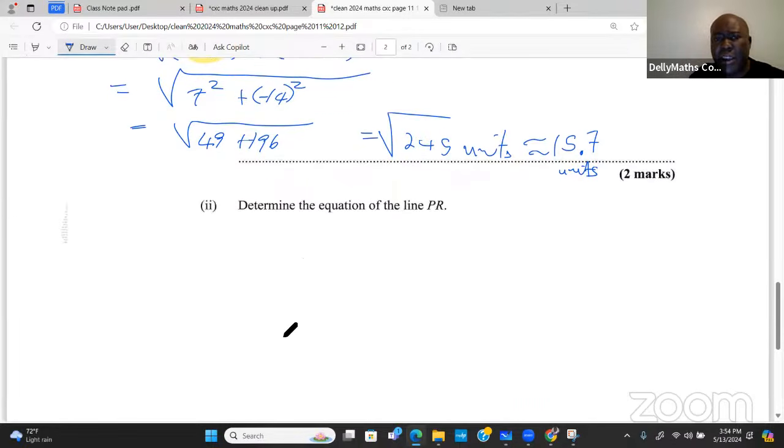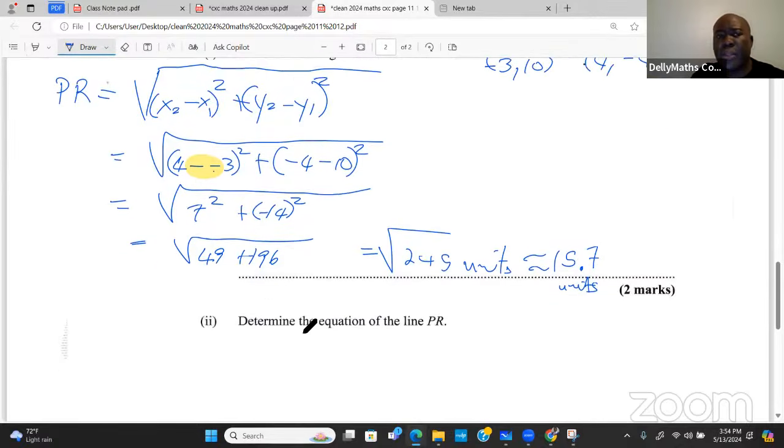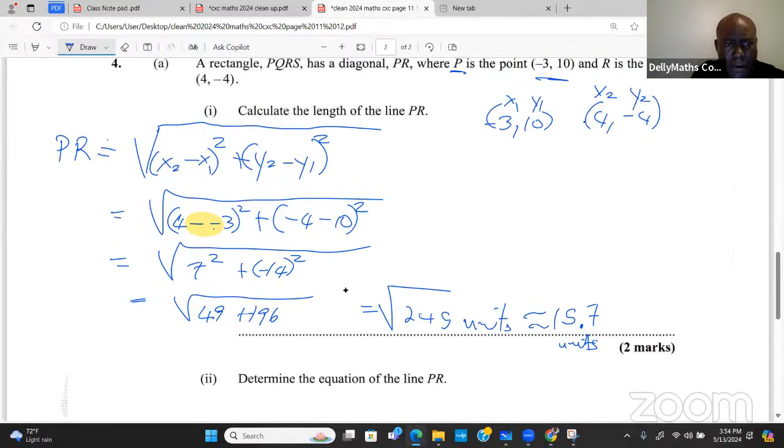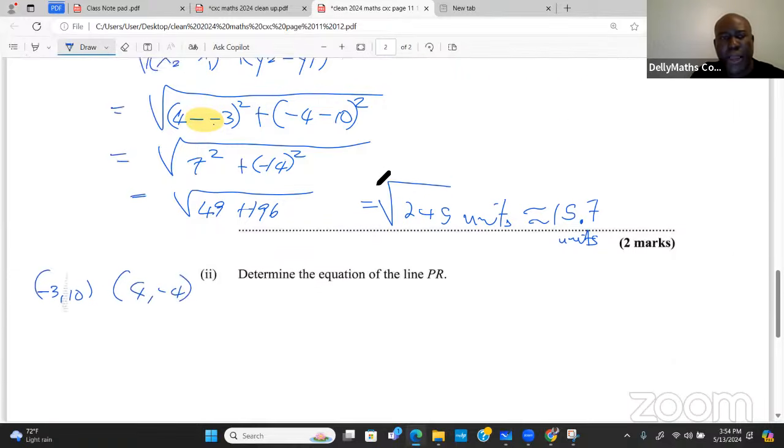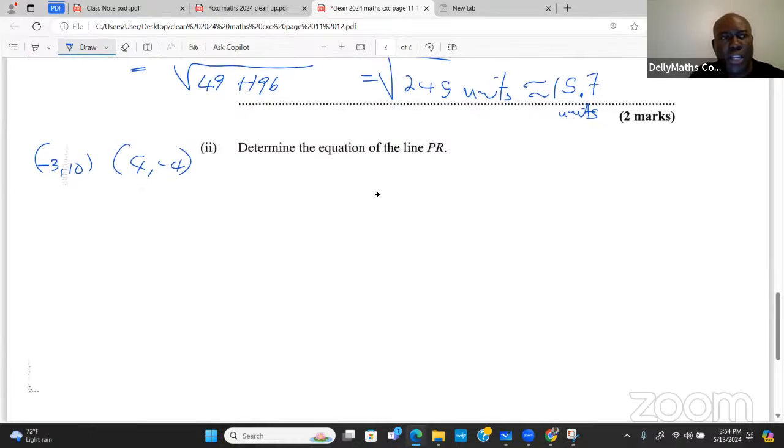The next question says determine the equation of PR. We're still dealing with PR, so let us grab back the points for PR here. Let me write back the points here. We have -3, 10, and we actually have 4, -4 here, all right? So basically then what you can do is find your slope. So if you want to label x1, y1, x2, y2, remember that your gradient is equal to y2 minus y1 over x2 minus x1.